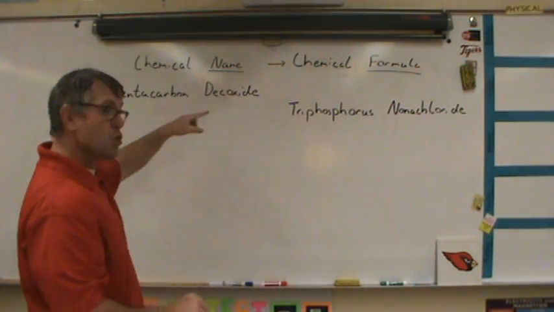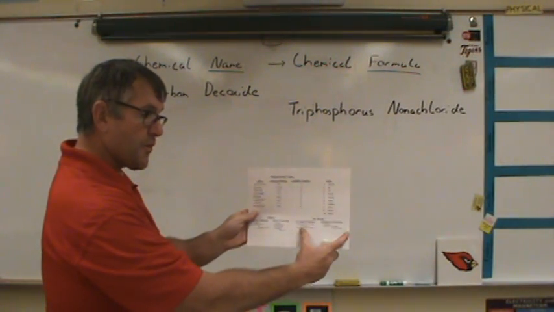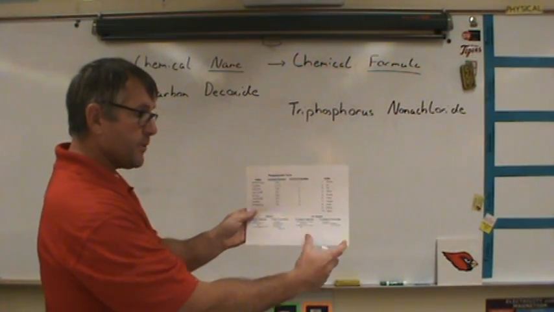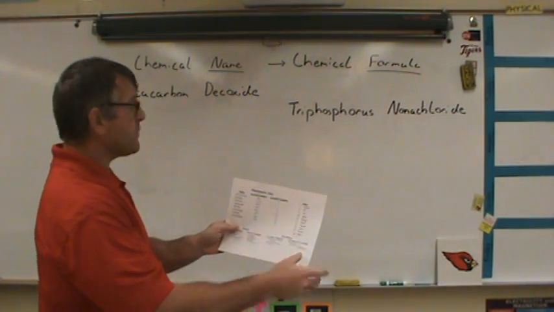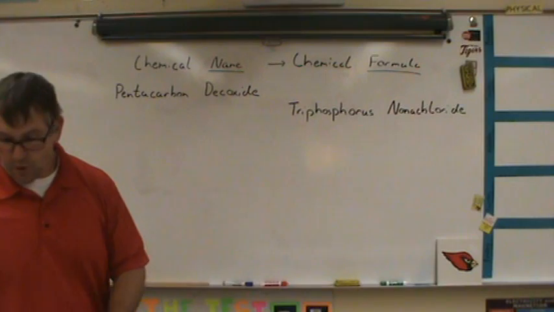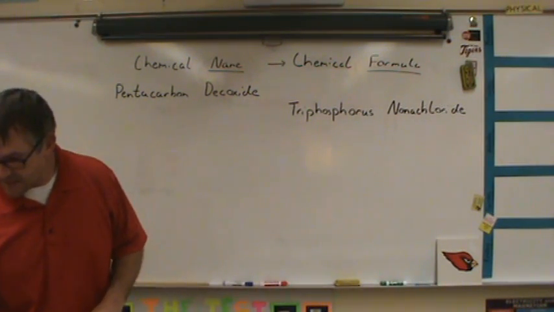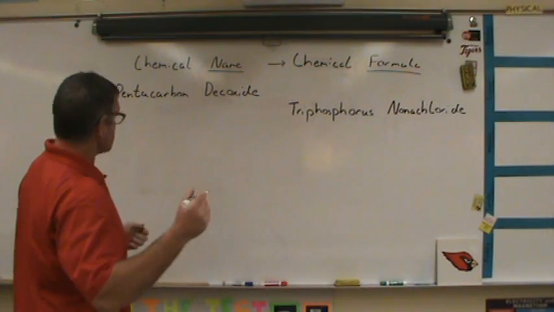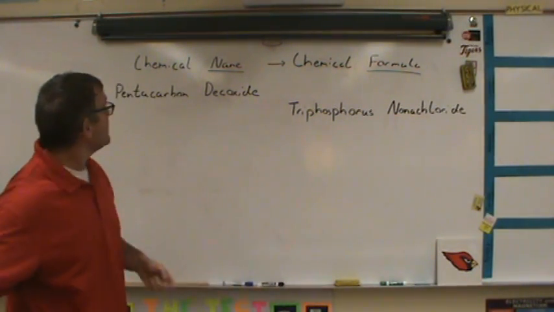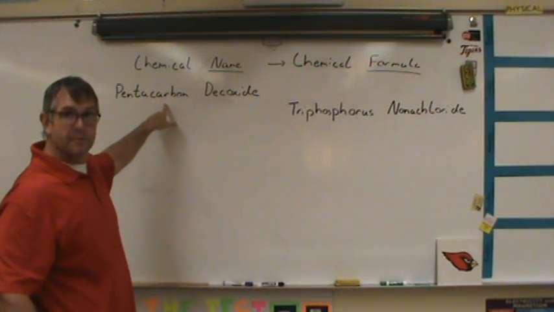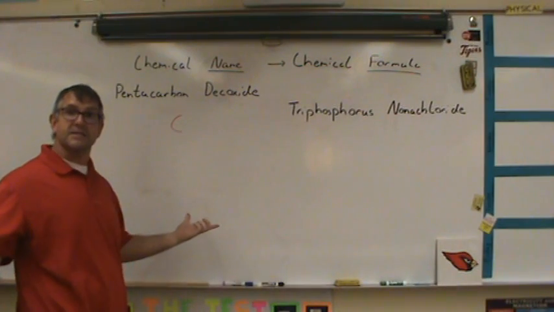So this is a non-metal name. We're on the right side, the covalent side. So we're now creating a chemical formula. Let's go through our steps. Only 2 steps. First step says symbol. We look at our periodic table, and the symbol for carbon is C. Pretty easy so far.